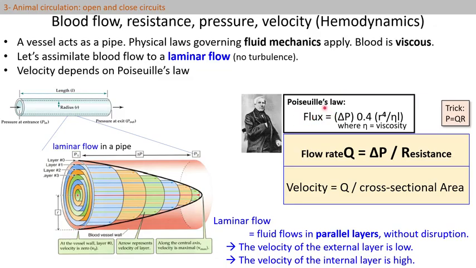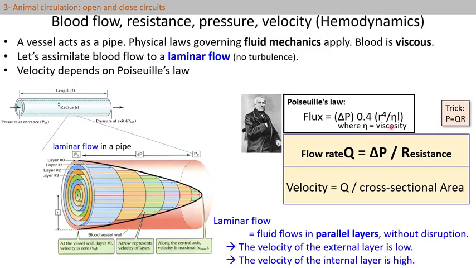It says the flux, so how much blood goes through a pipe, depends on the differential in pressure, of course, more pressure, more flow, multiplied by 0.4, a constant, but what really matters is that it's multiplied by the radius of the pipe to the power 4 and divided by viscosity, that's also a constant in our case, and the length of the pipe. Okay.